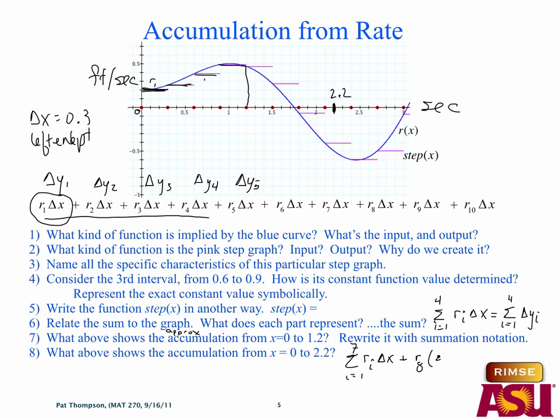It is 2.2 minus 2.1. That's the change in x for the current interval, right? So then the associated change in y for that little bit is going to be the current rate times that change in x. Okay? How is that? Kind of nifty, right?